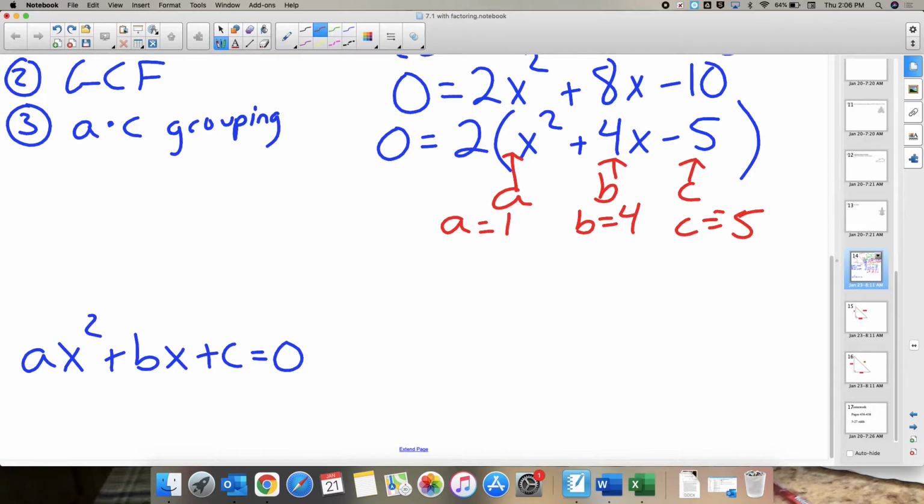It is called AC grouping because we are going to multiply A and C together. A times C is 1 times negative 5 is negative 5. We want factors of negative 5. Well, the only numbers that multiply to negative 5 are a positive 1 and a negative 5, and a negative 1 and a positive 5.